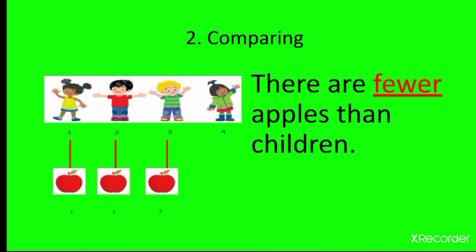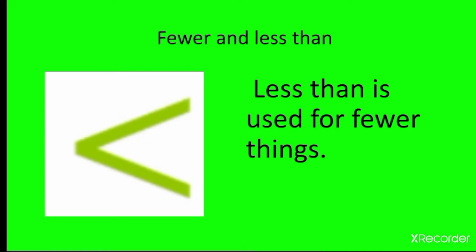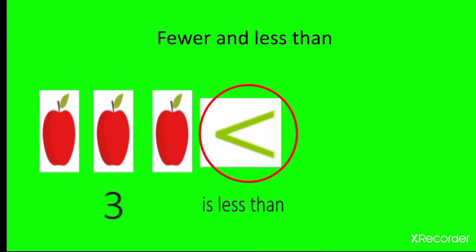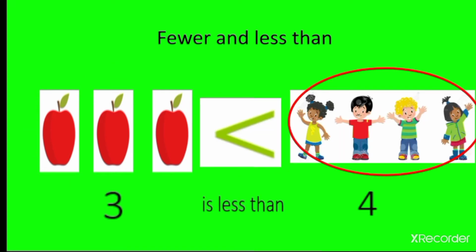If we switch them, we can say there are fewer apples than children. Last time we looked at less than. Less than is used for fewer or smaller things. Let's look at the example. 3 is less than 4.